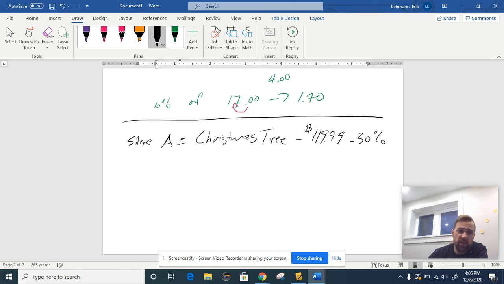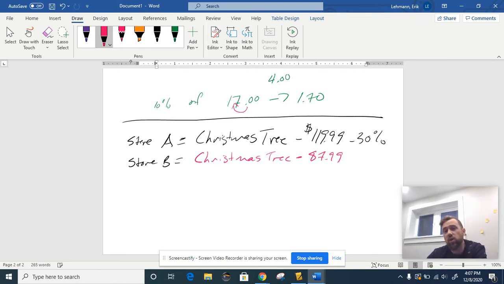And store B is Home Depot, and Home Depot, they don't really have that much for sales. They tend to just change their prices and fix them. So they have the same tree for sale for $87.99. Question here right now is, what is a better deal?